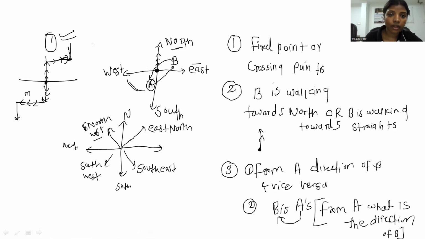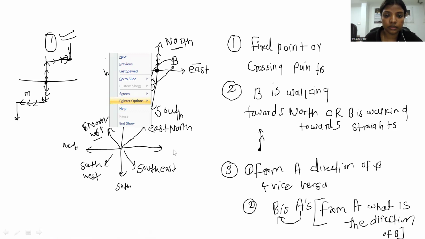Now let's take one example question. Consider that Raju has covered a 10-meter distance from a fixed point. Everyone knows which one is the fixed point or crossing point. So from the fixed point, he covers a 10-meter distance. So consider that from this point to this point, it is 10 meters.